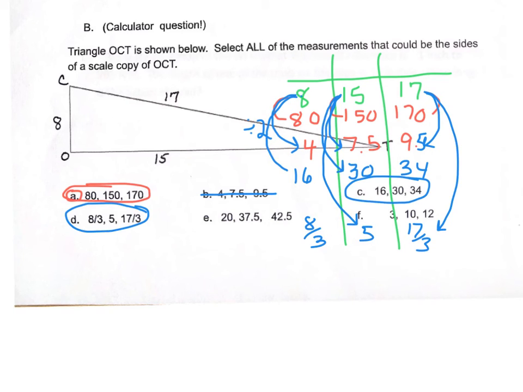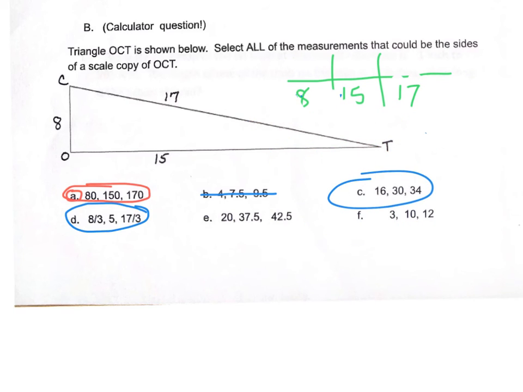I'm going to erase some of these numbers here. And now let's try this 20, 37.5, and 42.5. Well, let's see. I can't guess what the scale factor is from here to here. But what I can do is divide those two things out and figure out what the scale factor is. I can do 20 divided by 8 to figure out what I would multiply by.